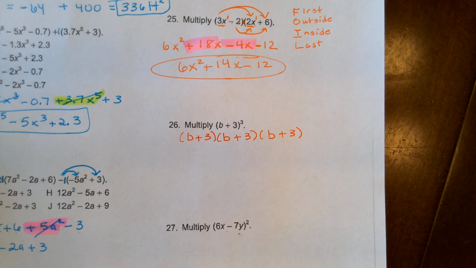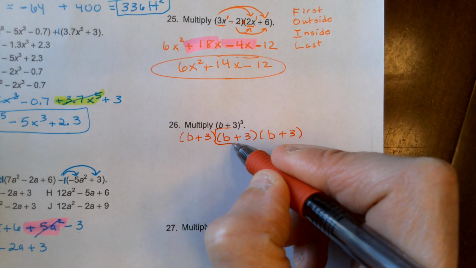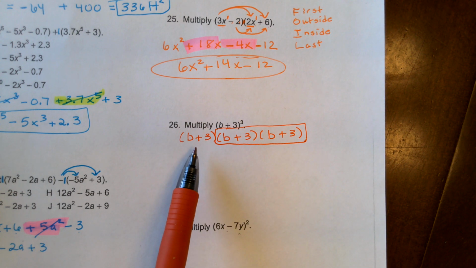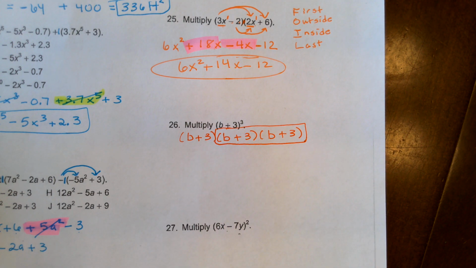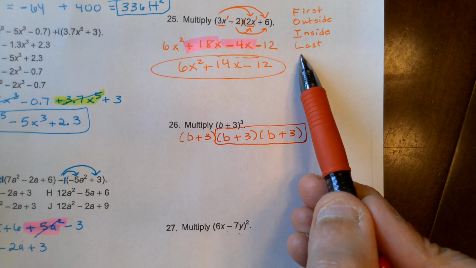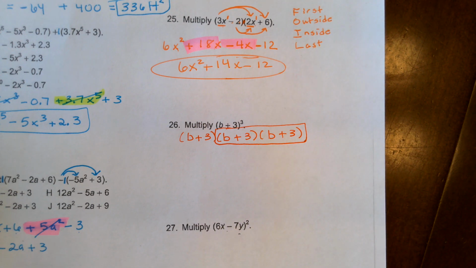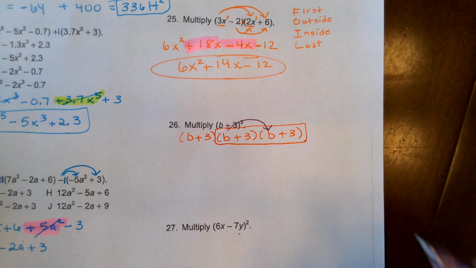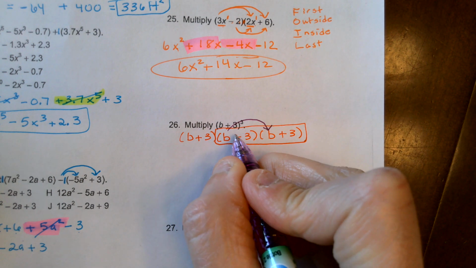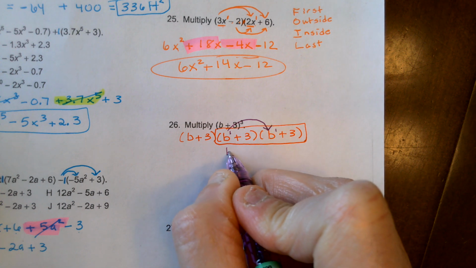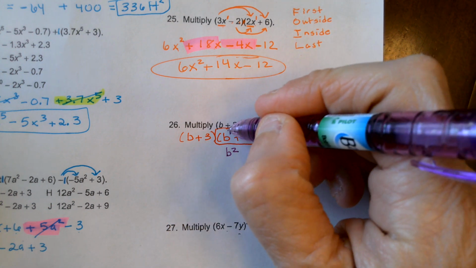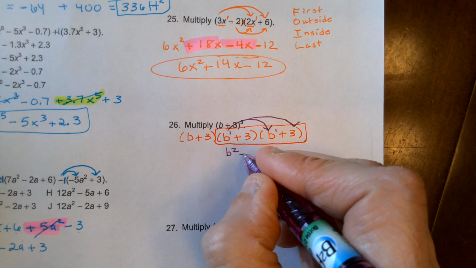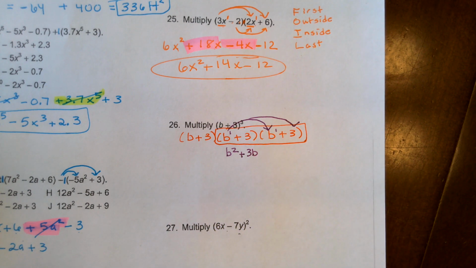Okay, so I'm actually going to start by multiplying these two first. I'm just going to leave this guy out front. I'm not going to do anything with him right now. And I'm going to use my FOIL method. b times b, add the exponents, is b to the second. Outside, b times 3 is 3b.